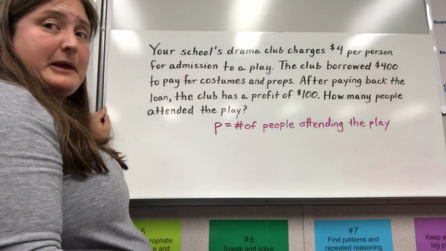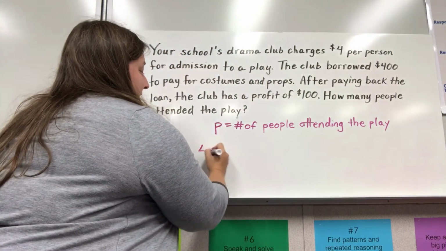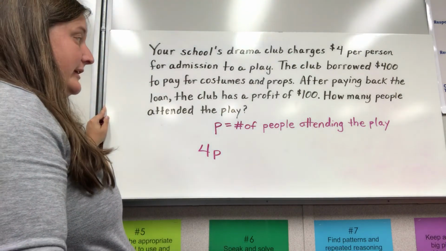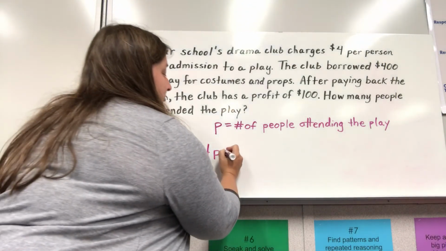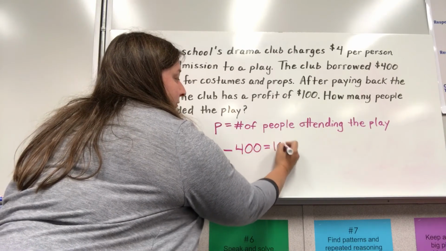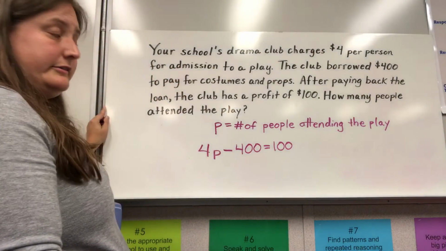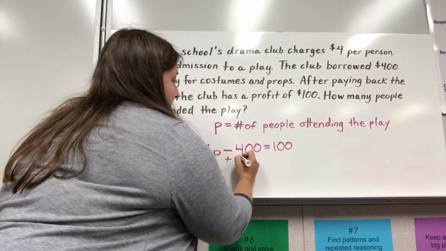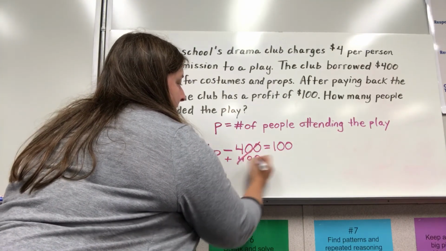Since each person is paying $4, I'm going to multiply 4 times P. Now they have to pay back their loan, so whatever profit they make, it's going to be reduced by $400. And they're left with 100. So to solve this, I'm first going to get rid of this subtract 400 by adding 400 to each side.